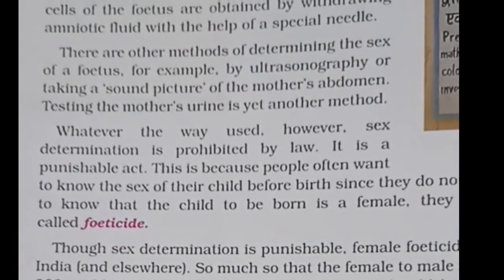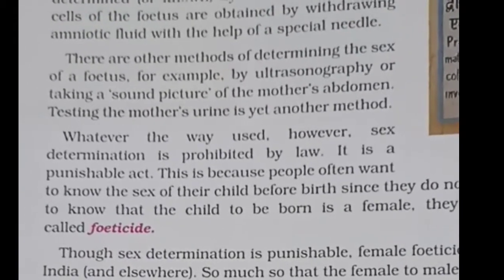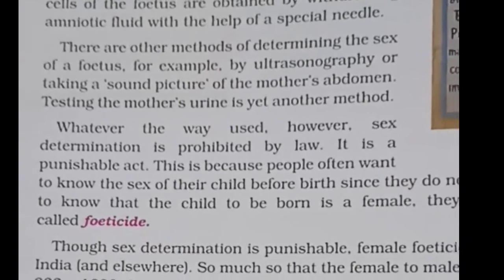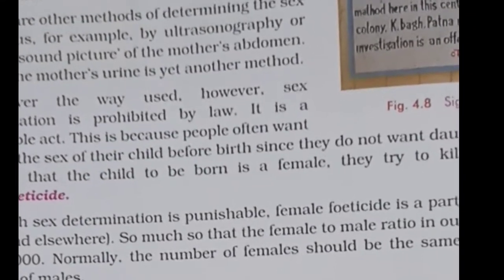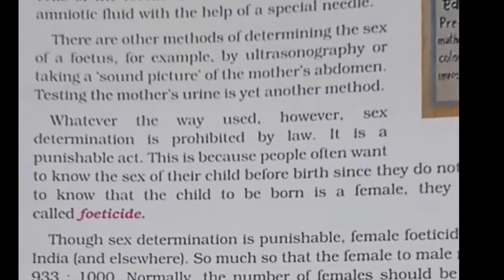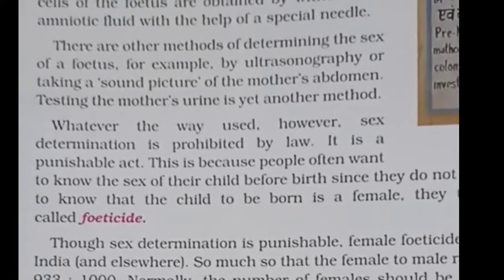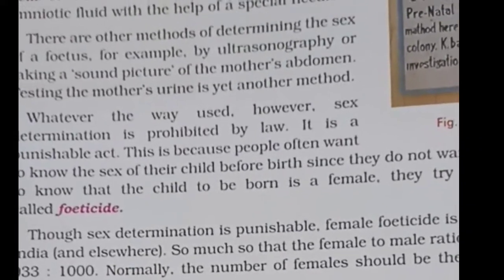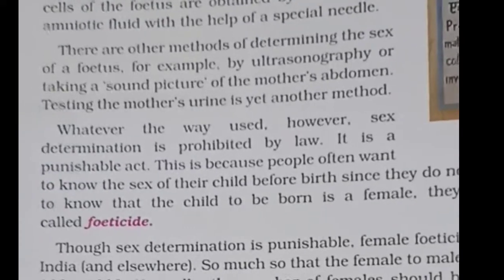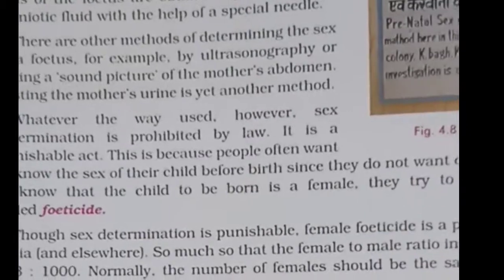And this is known as female foeticide, and it is not good, because in our society the ratio of female and male is decreasing day by day. So to keep a proper ratio, so that the balance is maintained between the male and the female, female foeticide has been banned. It is a punishable act.